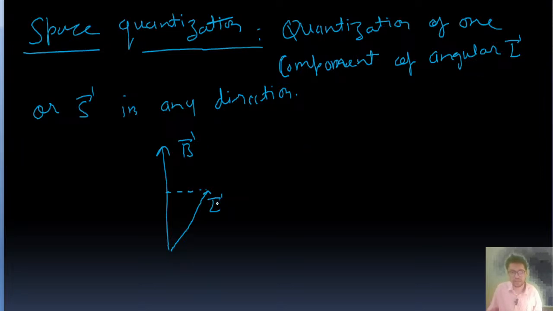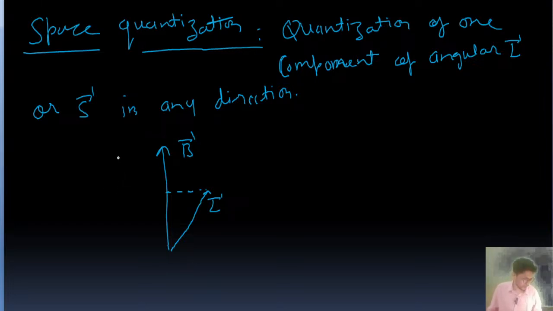This is the L vector, angular momentum. So we'll get the Z component. This is the component of L along the direction of B, and B is in the direction of Z.